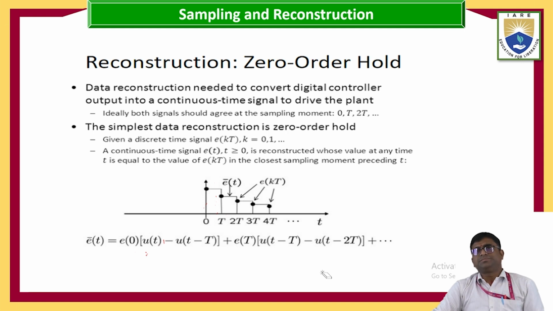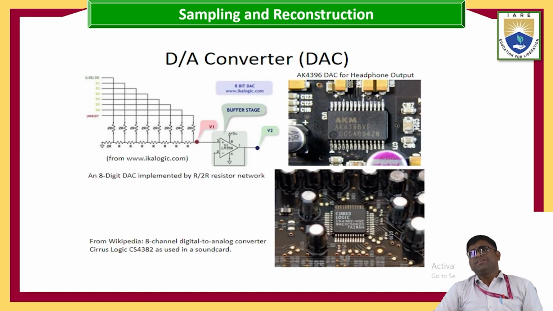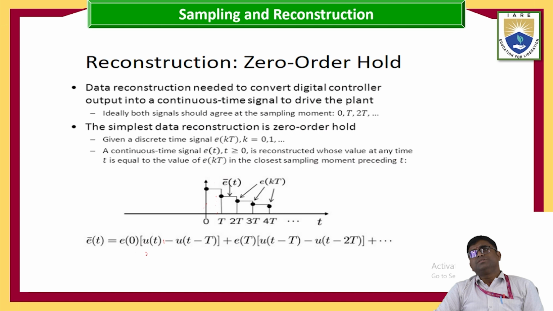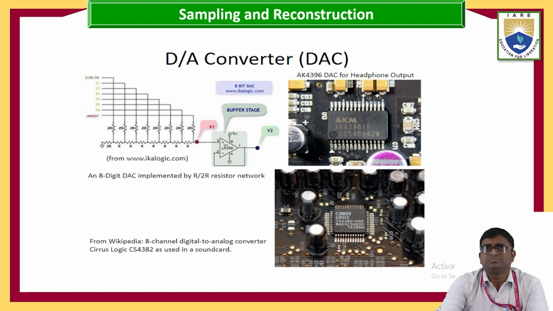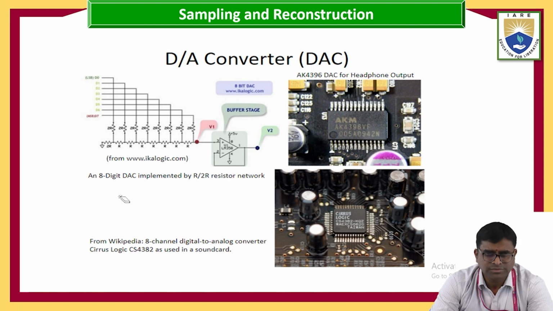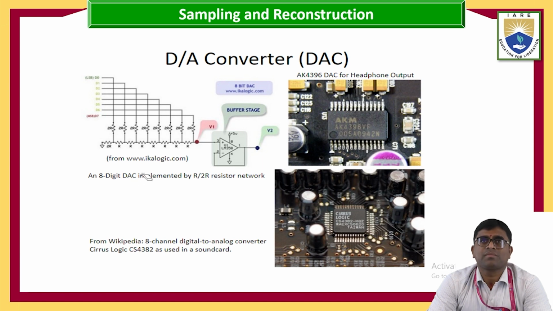Okay, next, coming to the zero order hold. The zero order hold output is going to be given to the output of the DAC. First I am taking one example. This is the output side section.